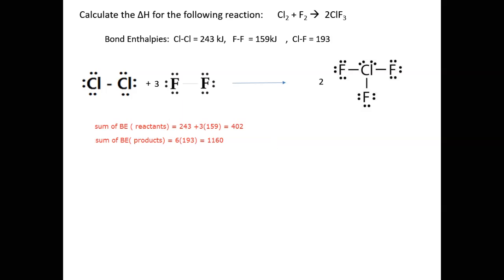So now delta H is 720 minus 1,158, which would be negative 438 kilojoules. And so that's the delta H of this reaction. Again, it's very important that you draw the Lewis structures of each reactant and product to see the types and number of bonds that you have. So this is exothermic, meaning the products are more stable than the reactants.